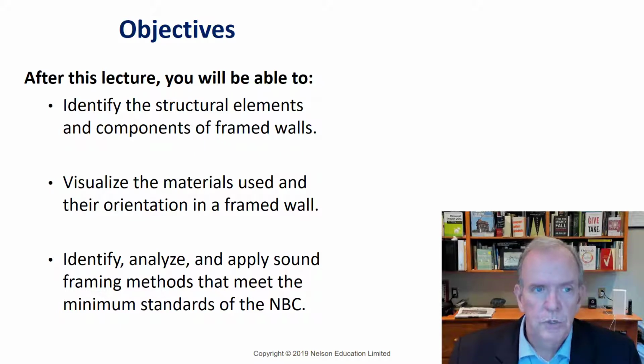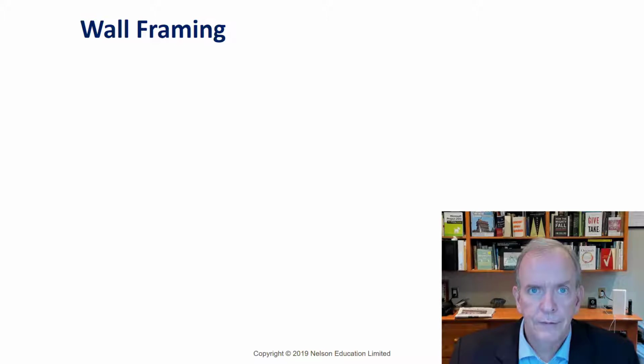construction. So we're going to look at the structural elements and components, some of the terminology or nomenclature for walls. We're going to talk about visualizing the materials used and their orientation in a framed wall. And we're going to identify and analyze sound framing methods that meet the minimum standards of the National Building Code and the Ontario Building Code. So those will be the reference points.